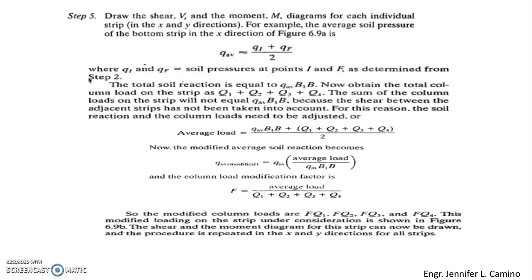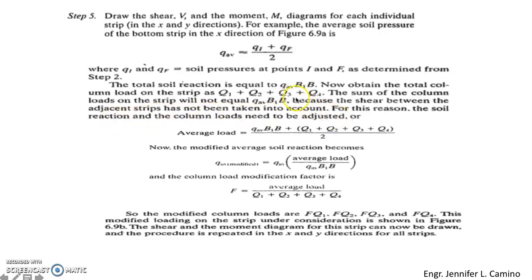For this one, the total soil reaction is equal to Q average times B1 times B2. We then obtain the total column load on the strip as Q1 plus Q2 plus Q3 plus Q4. Of course, the sum of the column loads on the strip will not be equal to Q average times B1 times B, because the shear between adjacent strips has not been taken into account.